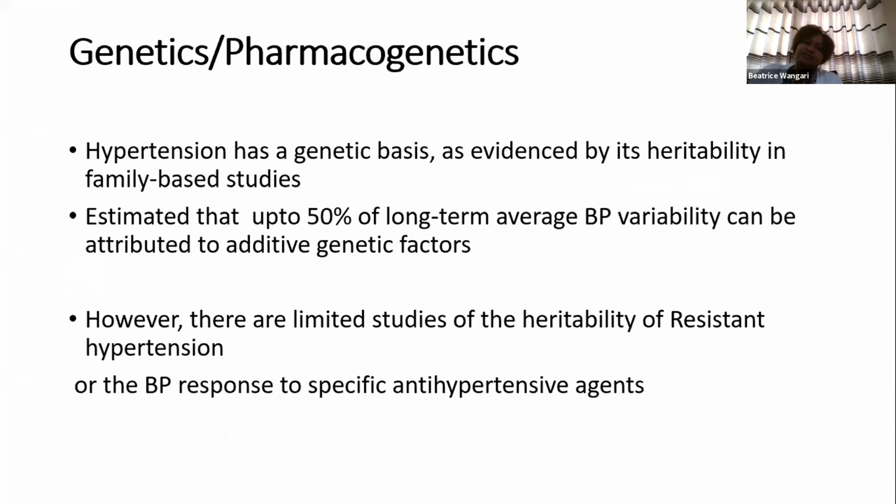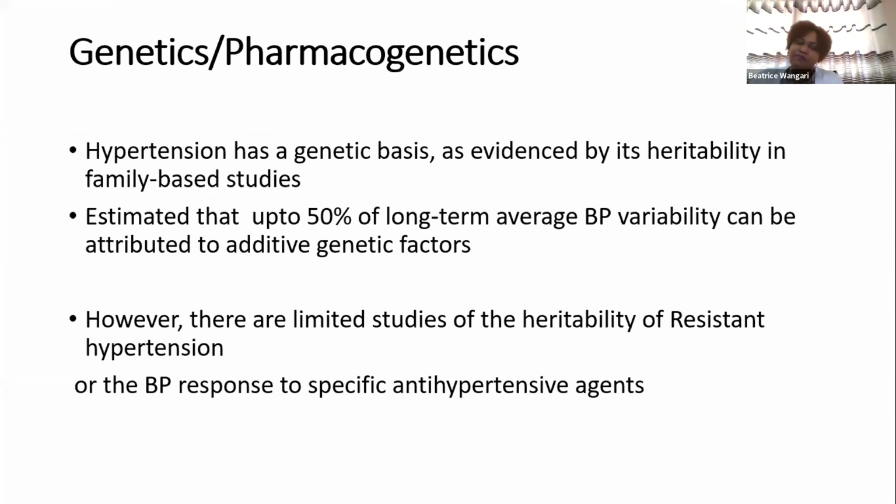Genetics and hypertension. Hypertension has a genetic basis. There is some heritability in family-based studies, and it's shown that up to 50% of blood pressure variability can be attributed to some of these genetic defects. Some of these genetic abnormalities have been identified.